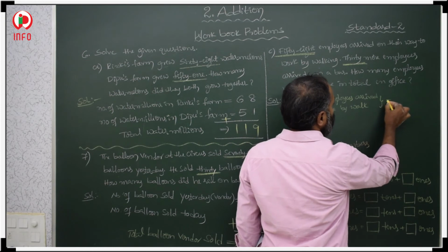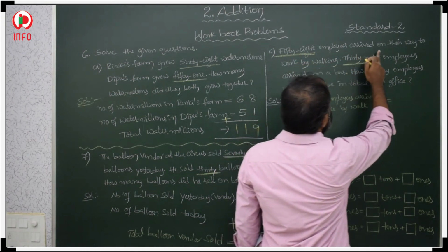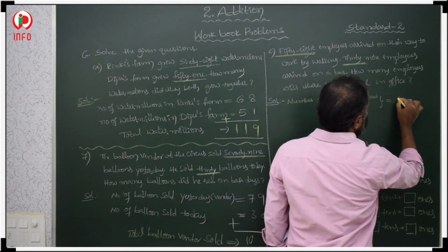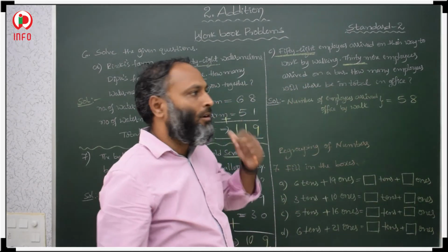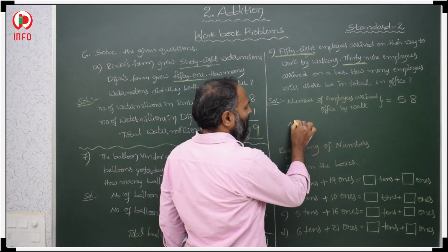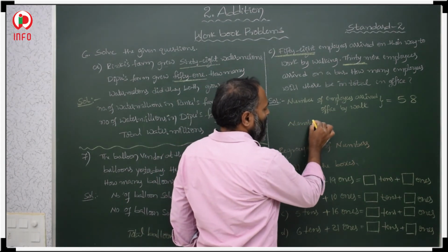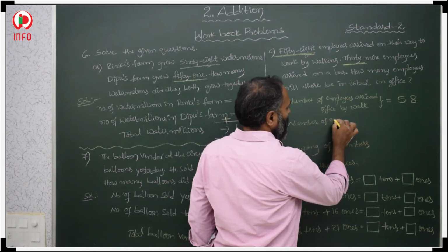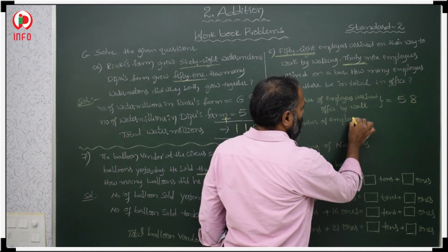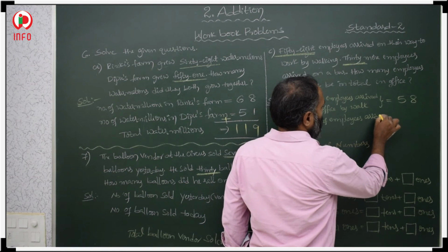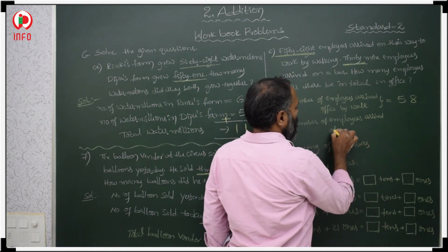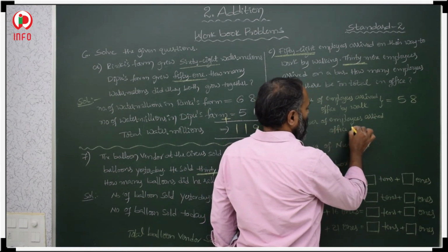How many employees? 58. This many employees arrived by walk. The number of employees who arrived at the office by bus.